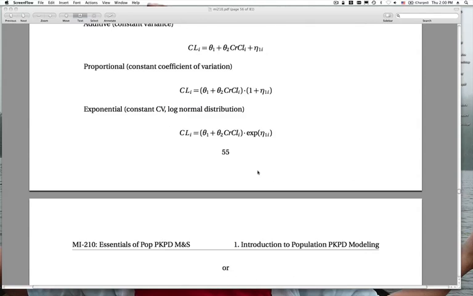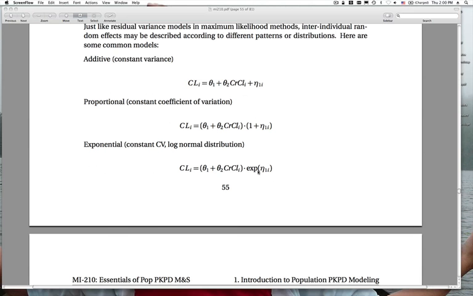We'll talk about diagnostics for the inter-individual random effects and the appropriateness of the selected distribution. But one thing to remember is that in each case here, the individual etas are always assumed to be mean zero normal with variance omega squared.